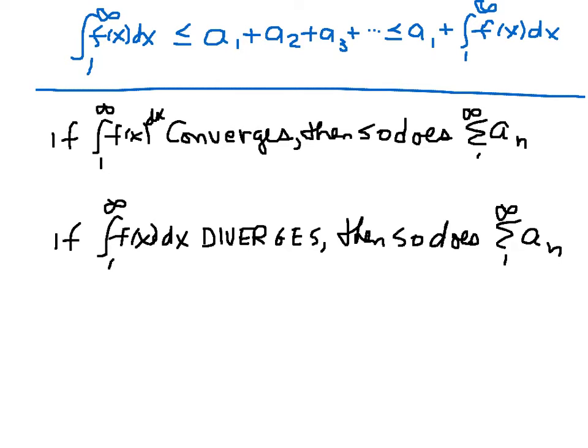If the improper integral of f of x dx converges, then since the series is less than or equal to a sub 1 plus that, it must converge. And if the improper integral diverges, then since the series is greater than or equal to the improper integral, it must diverge also. It's pretty easy to see.